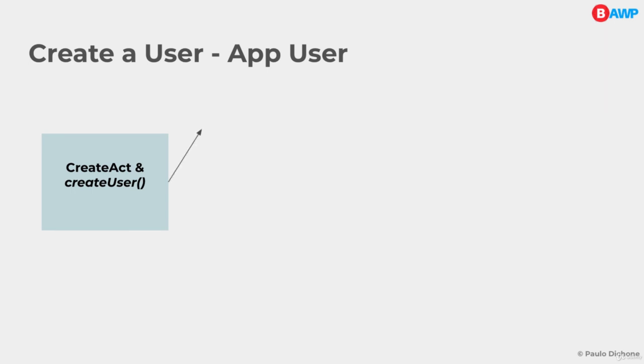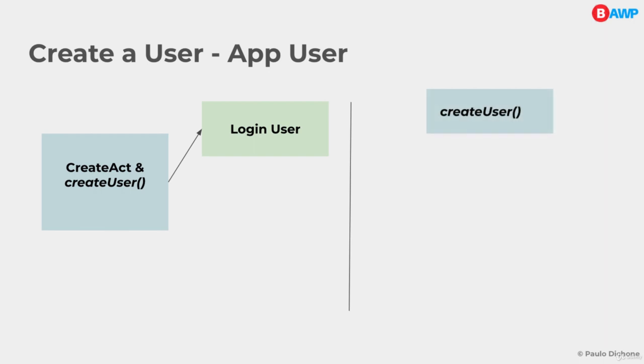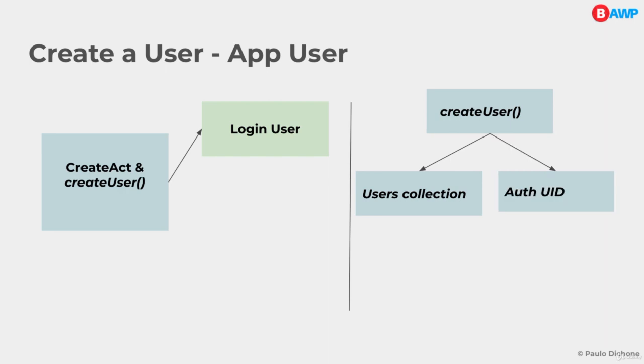Again, we're going to log in that user, but on the back end, we're going to use that create user method, which will be connecting to a users collection, right? We're going to create a user and put it in our user collection, which we'll create. At the same time as we create this user, we need to include the auth user ID of this Firebase user. Okay, there's two things.